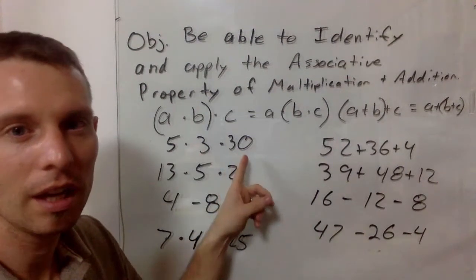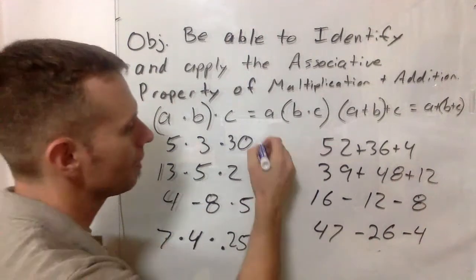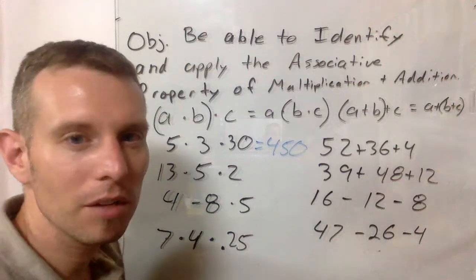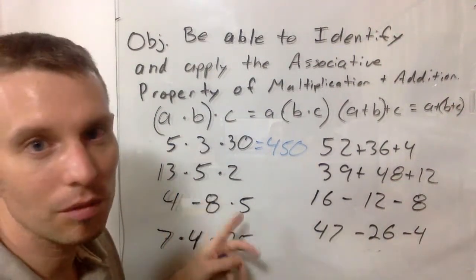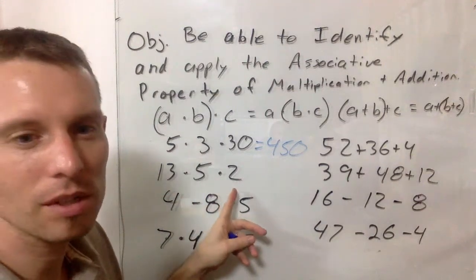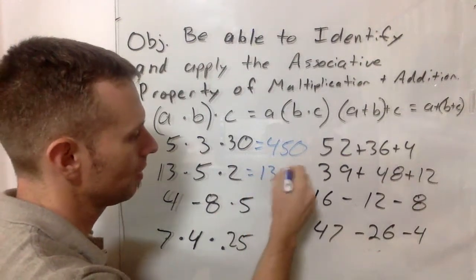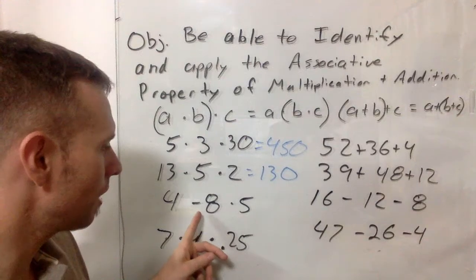That gives us 90, and 90 times 5 gives us 450. Some of you guys might find that math a little easier. Instead of doing 13 times 5, let's do 5 times 2. 5 times 2 is 10. 10 times 13 is 130. Okay, you can see where we're going with this now.